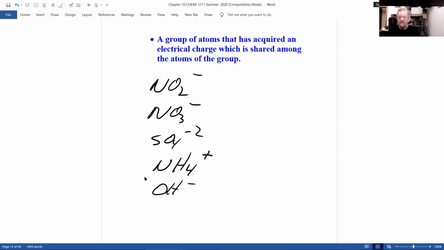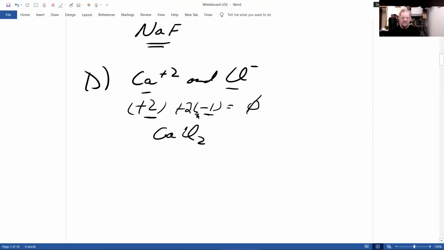What molecular formulas are formed when you use those ions? Well, let's take a look at this. What if we said, what's the formula of the molecule formed from magnesium +2 nitride -1.